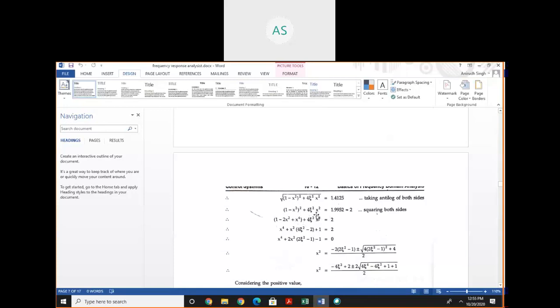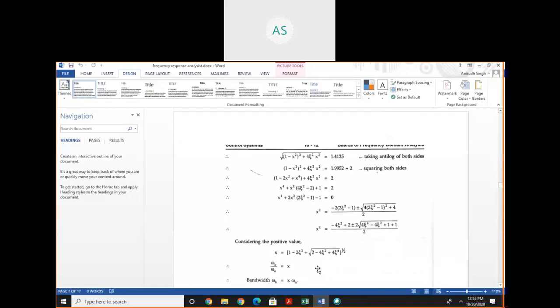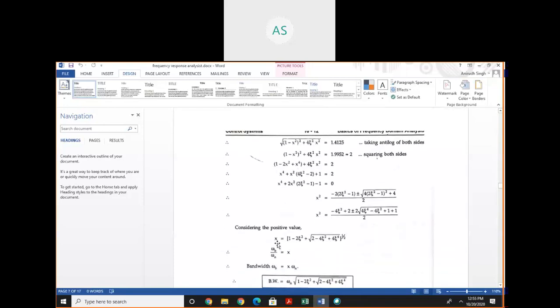So here we get minus 20 log under root of (1 minus x square) whole square plus 4 zeta square x square, equal to minus 3. Taking an antilog, we get this, and simplifying this equation, we get this expression.